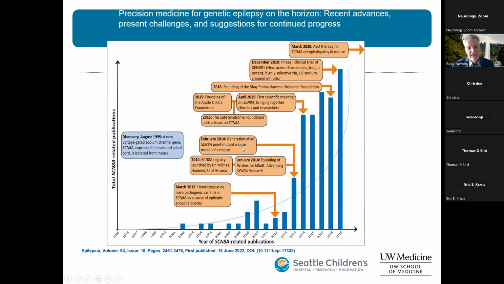And then they created specific mouse mutants of this, also worked a lot to create iPSCs and cellular models of SCN8A. They had their first meeting in 2015, and in 2019 started doing phase 1 clinical trials, and also has an ASO therapy for SCN1A.